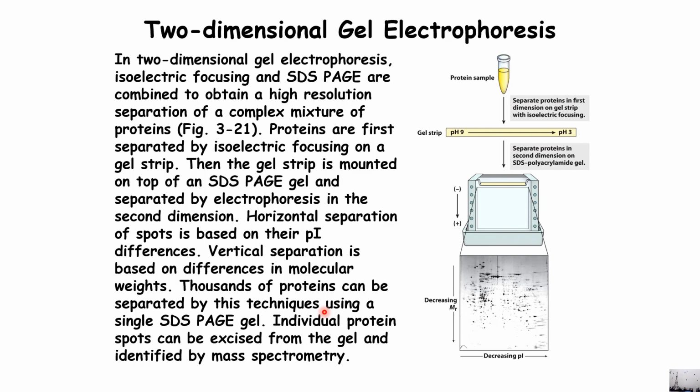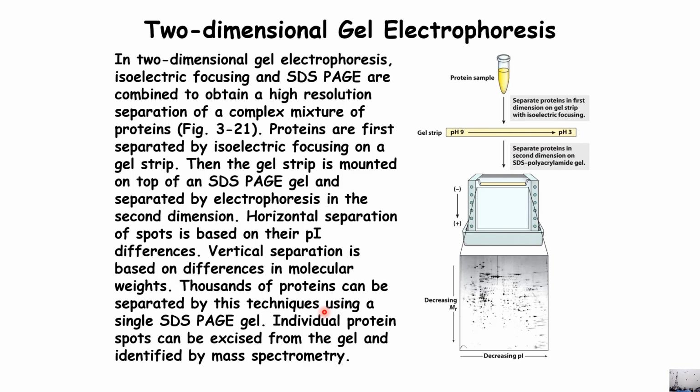Okay, let's move on to two-dimensional electrophoresis. In two-dimensional electrophoresis, isoelectric focusing and SDS-PAGE are combined to obtain a high-resolution separation of a complex mixture of proteins. Proteins are first separated by isoelectric focusing on a gel strip. Then the gel strip is mounted on top of an SDS-PAGE gel and separated by electrophoresis in the second dimension.